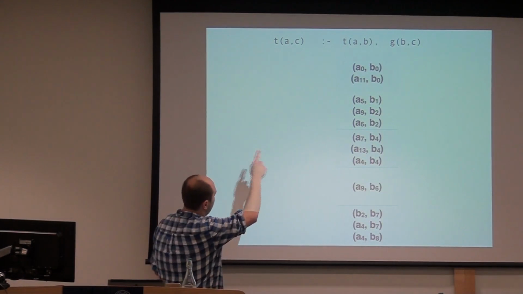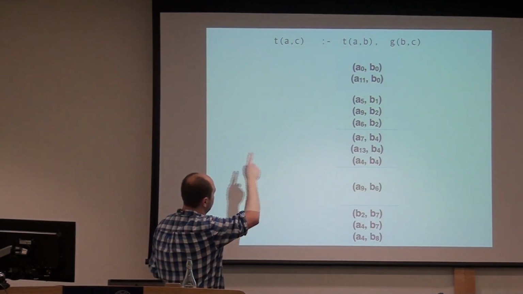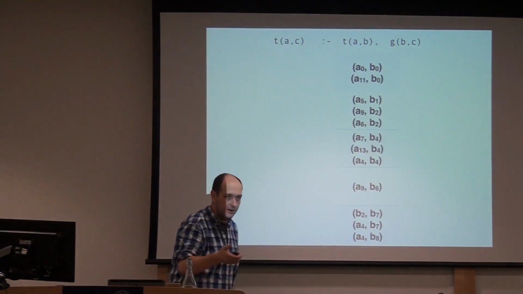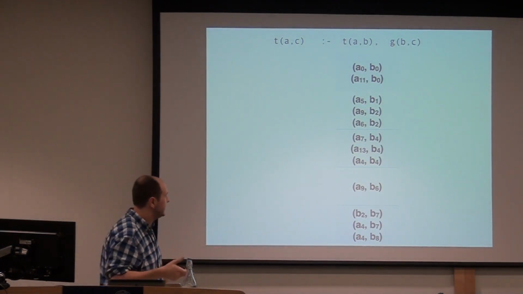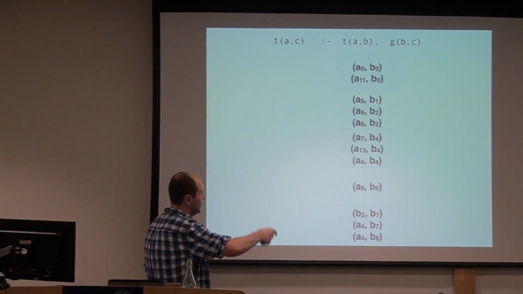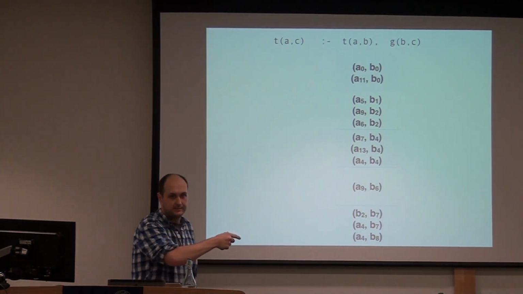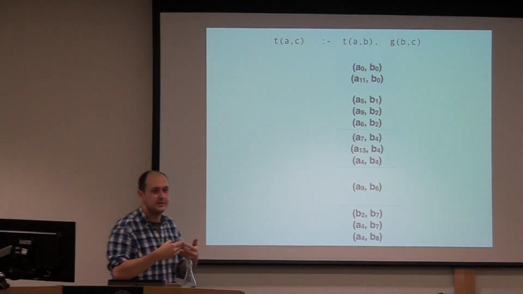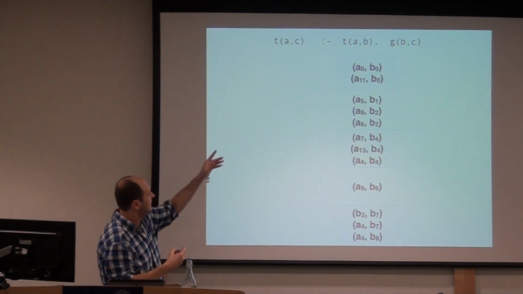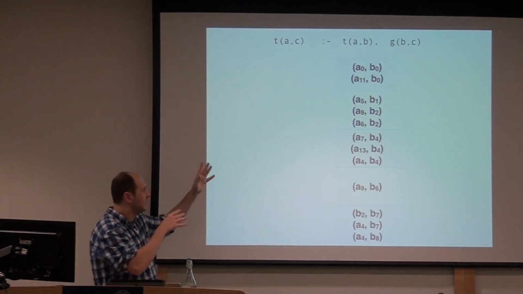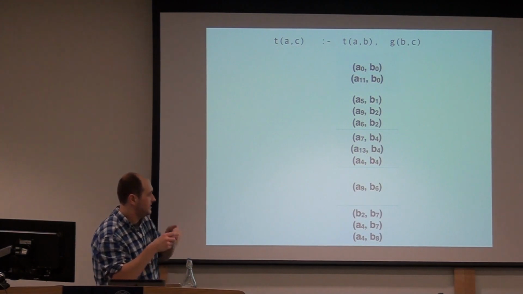So here we have our Datalog rule that we've been talking about, transitive closure, and for the T, or in the faster version DT, we would have our set of tuples organized into hash buckets, and they're keyed based on the column that we want to match. So in this case, we want the B column in T of AB to match with the B column, or the first column, in G of BC.